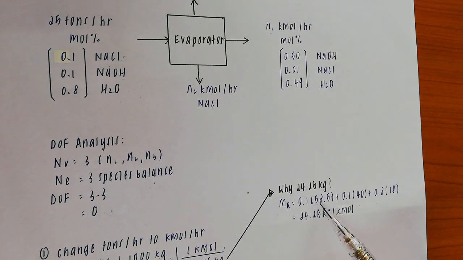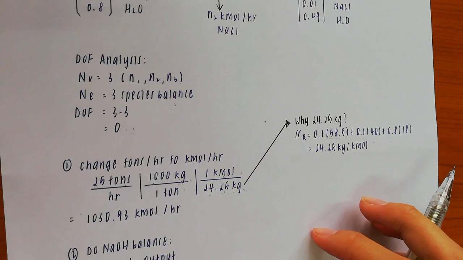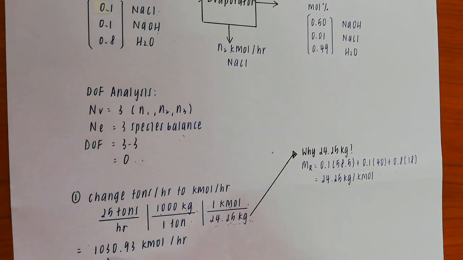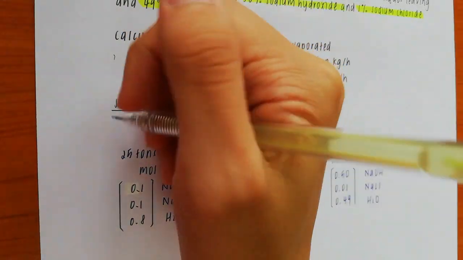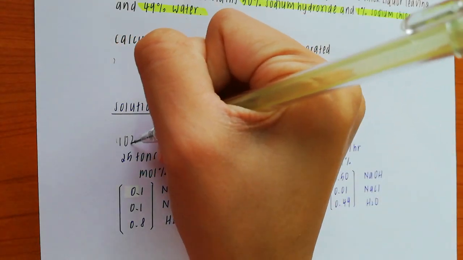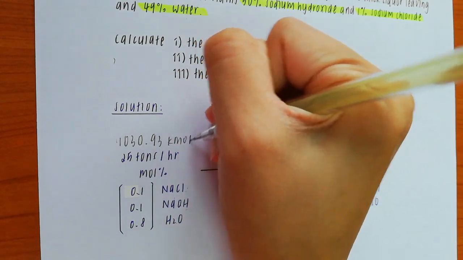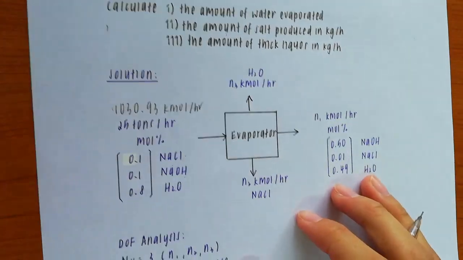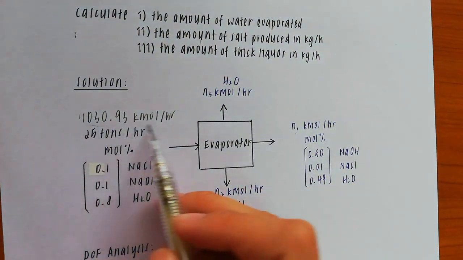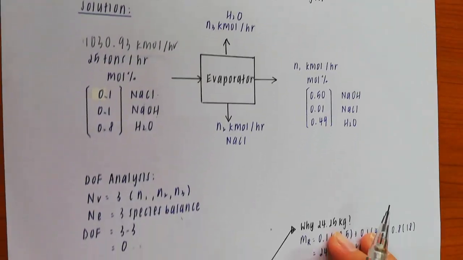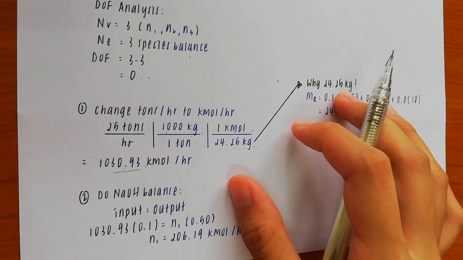So 0.1 times 58.5, 0.1 times 40, and 0.8 times 18 equals 24.25. After we get the molar flow rate, we can write here 1030.93 kilomole per hour.